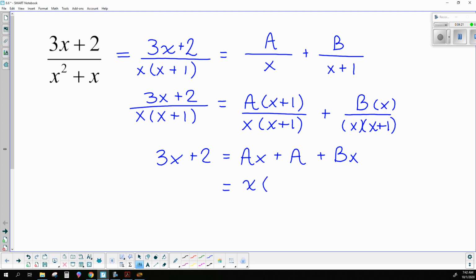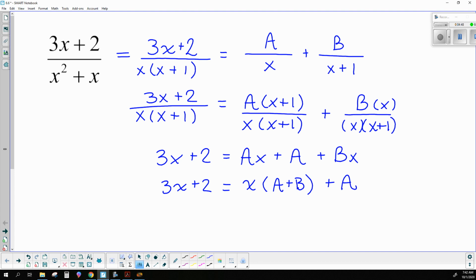So I could recombine using greatest common factor to create this, right? I have ax plus bx. So if I put those next to each other, I could factor out the x and say (a plus b) times x. And then there's a all by its lonesome. And on the left, we still have 3x plus 2.